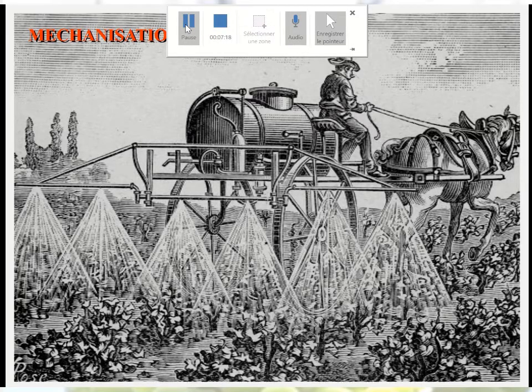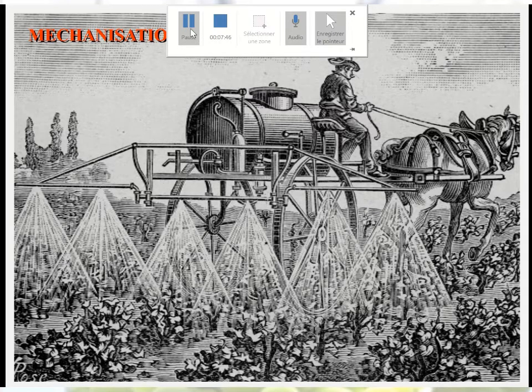Then, to enable people to spray, they did organize the vines in rows. And this is again about mechanization with horses. And to me, and not only to me, but to some historians or researchers, the origin of high density is coming from these days.